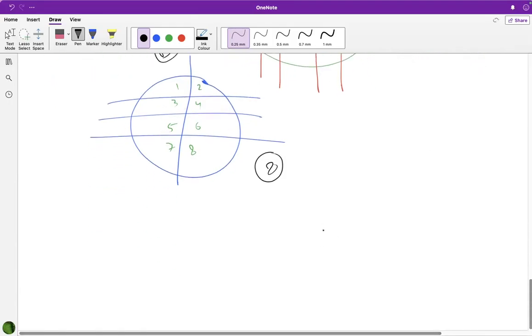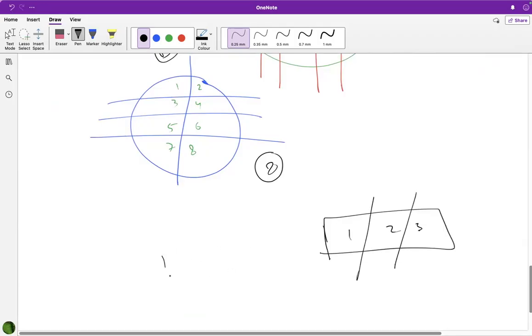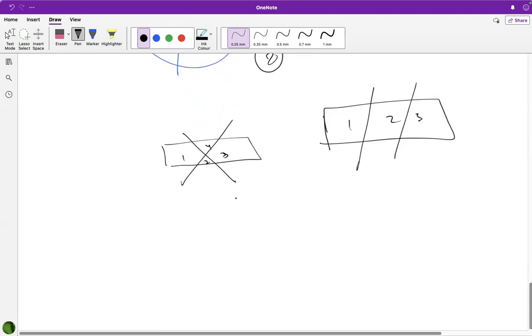For example, we have an ice cream bar and I slice it this way. So I get three parts. And I have this same ice cream bar, but I slice it this way. These are two chords, but now I get four parts, right? So this was the catch. This was the learning part that every new line should intersect the previous lines in order to get maximum parts.